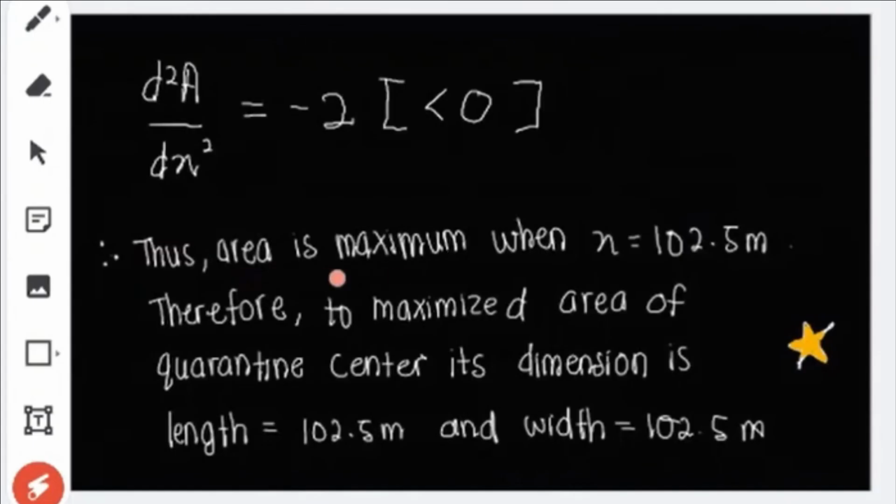Thus, the area is maximum when x equals 102.5 meters. Therefore, to maximize the area of the quarantine center, its dimensions are length and width equal to 102.5 meters.